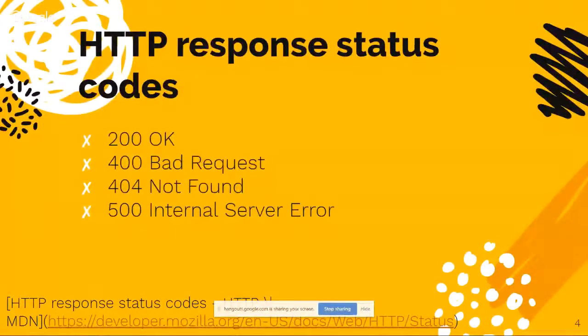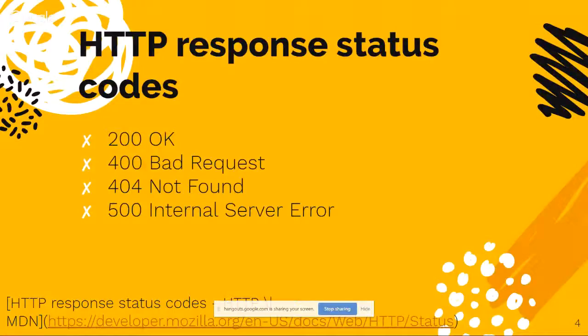That means the server is saying that everything is great. So let's think that you request to see udacity.com. If the server responds 200, that means everything went well. So it was able to find the page and to display it to you.